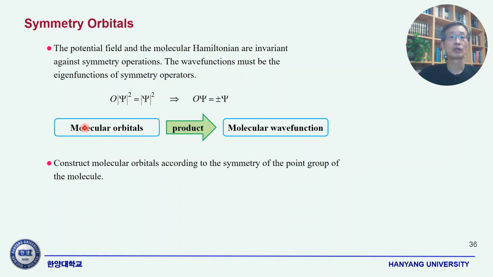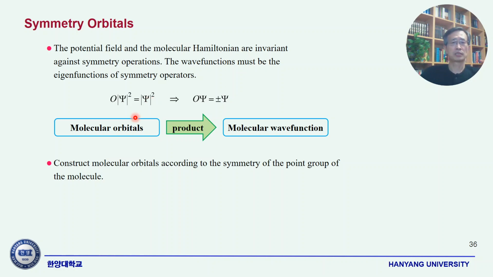So each molecular orbital must have the same symmetry as the molecule itself. We have to construct molecular orbitals according to the symmetry of the point group of the molecule. That's basically what we have to do when we generate molecular orbitals out of atomic orbitals.